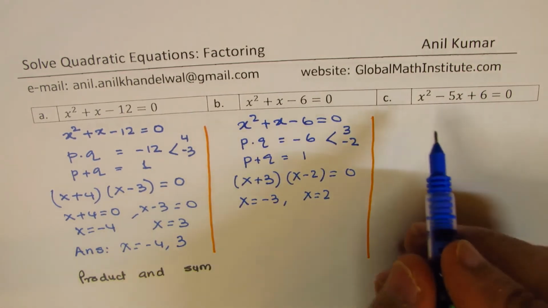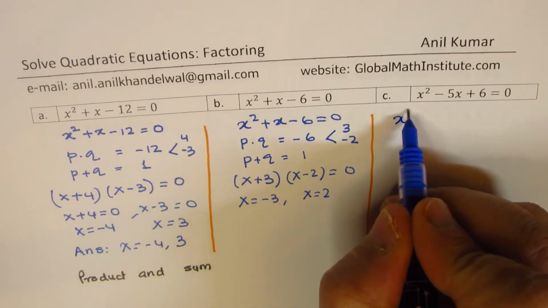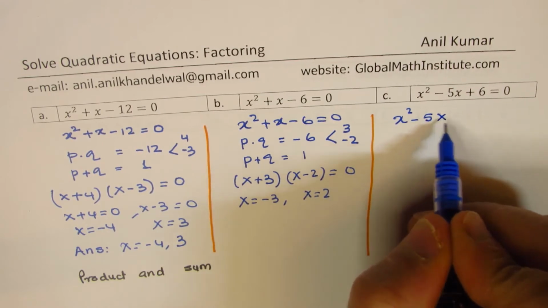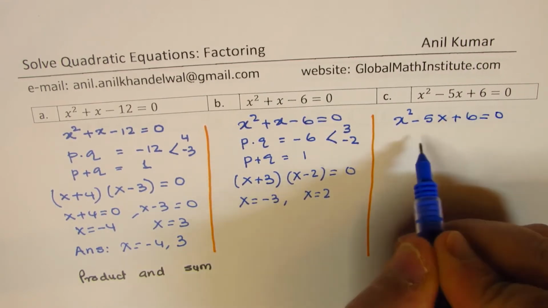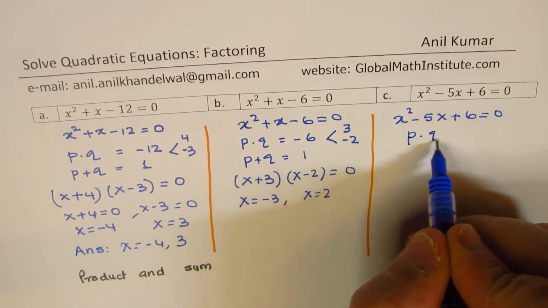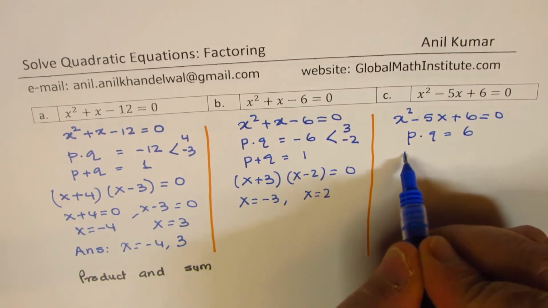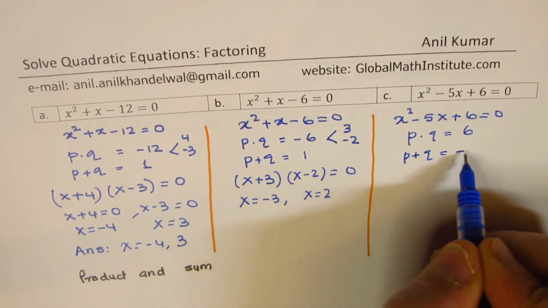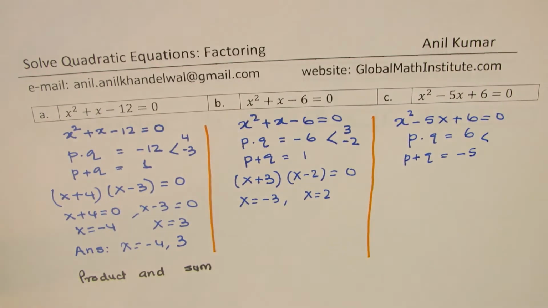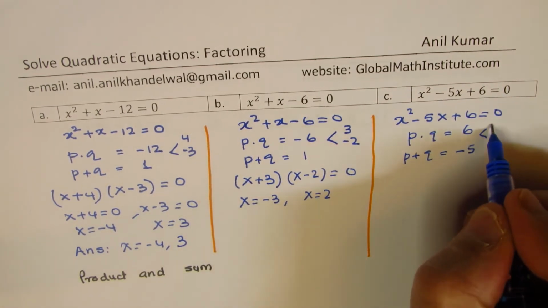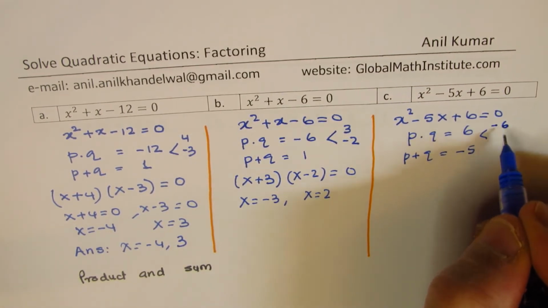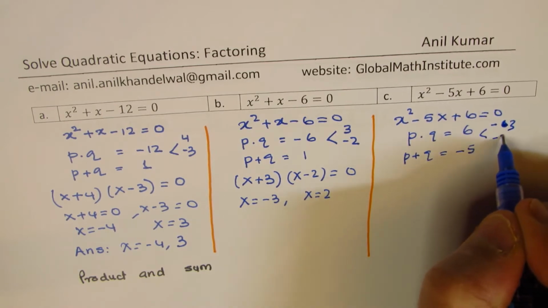The last one on this page is x squared minus 5x plus 6 equals 0. Again, product and sum. Product should be 6 and sum should be minus 5. So the two numbers could be minus 6. No, it should be minus 3 and minus 2.